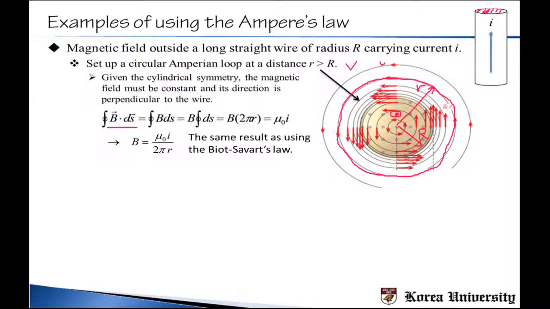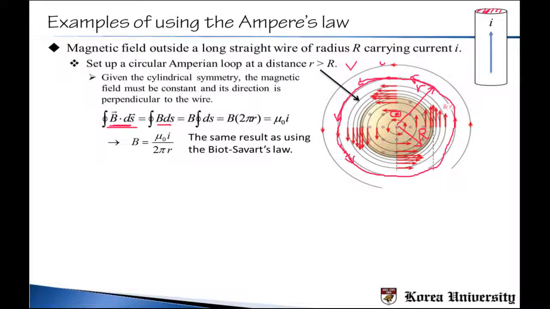Okay, so let's use Ampere's law. We first have to calculate the magnetic field and its integration around this Amperian loop. And if everything is symmetric, of course the magnetic field will go exactly tangential to my circular Amperian loop, right? So now this magnetic field and the length vector going around the Amperian loop will always be parallel to each other. So I don't have to use the dot product.